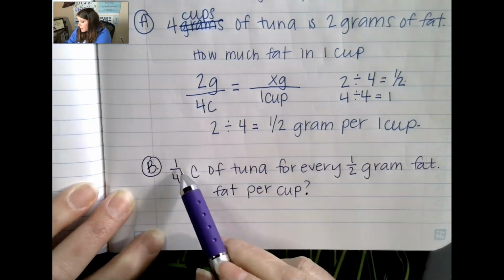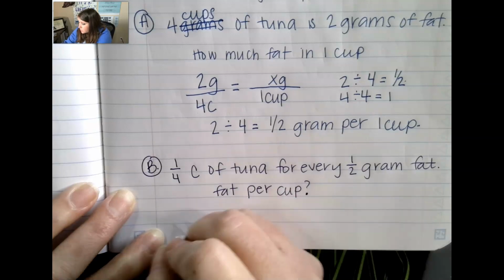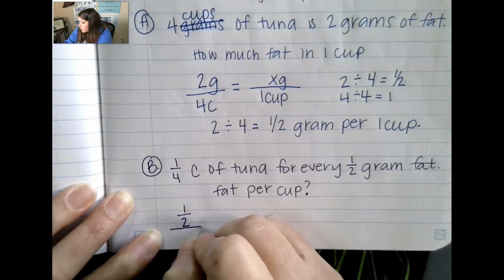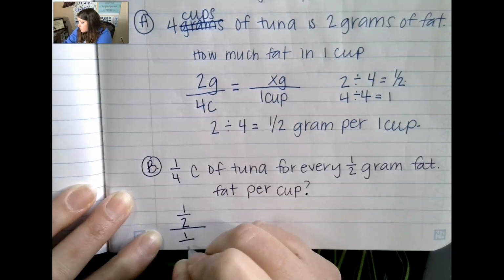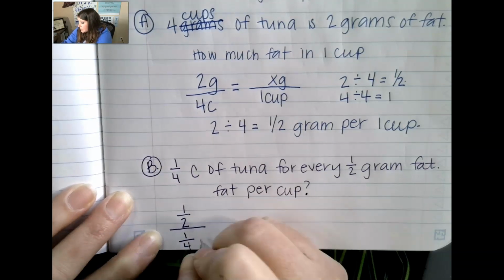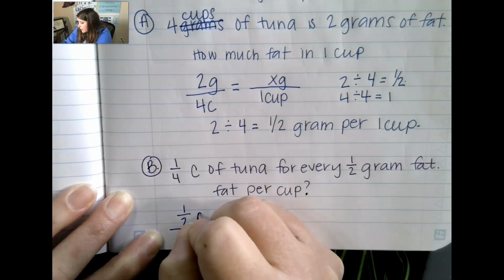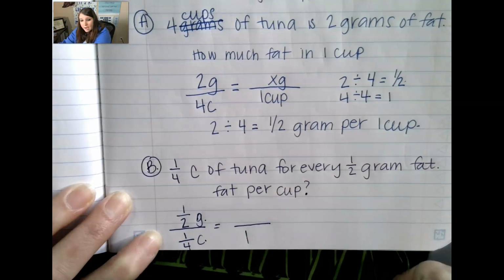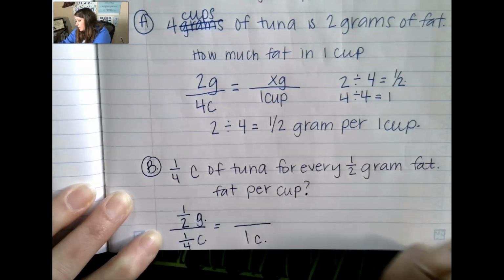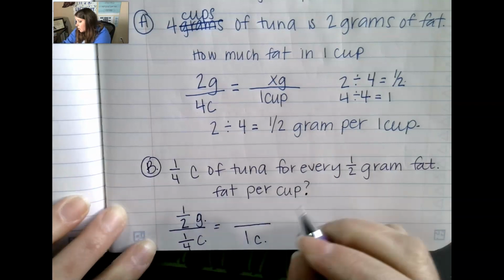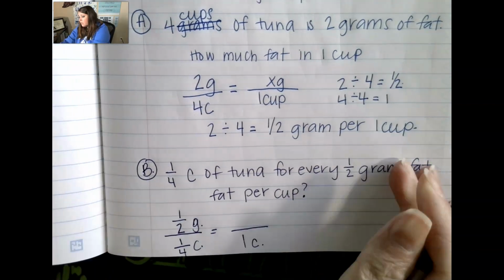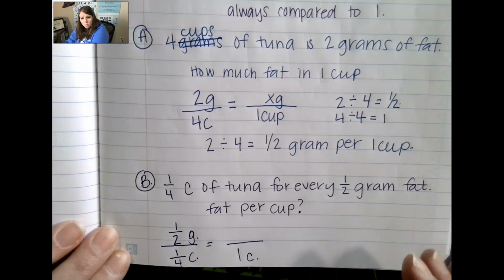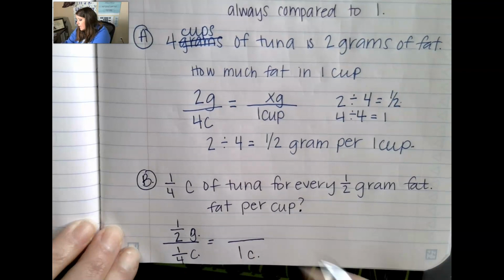So we're going to do grams on the top, which is 1/2. And we're going to do a comparison of cups on the bottom again. So cups, grams of fat. Again, we're comparing. We want a unit rate of 1 cup. So what goes here? Well, how do we get from 1/4 to 1 whole? Or we can just divide this.